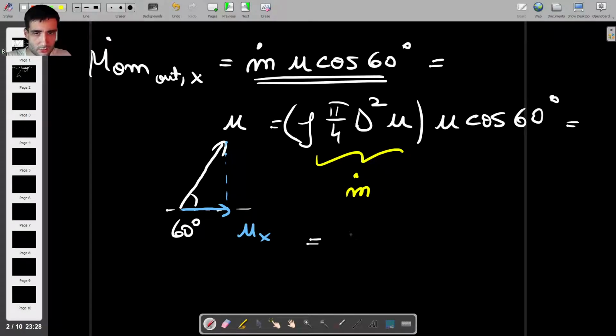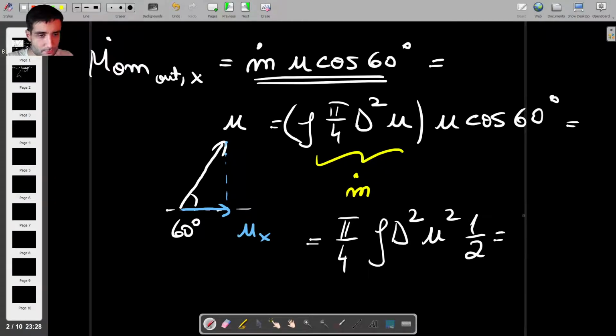I'm going to rearrange a couple of things. So we have pi over 4 rho d squared u squared, and then cosine of 60 degrees is actually a half. So if we tidy this up a bit, this is pi over 8 rho d squared u squared.